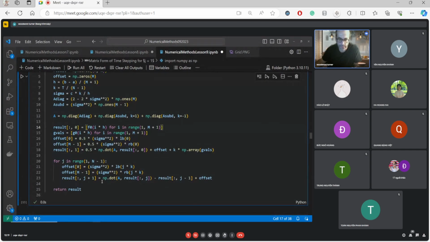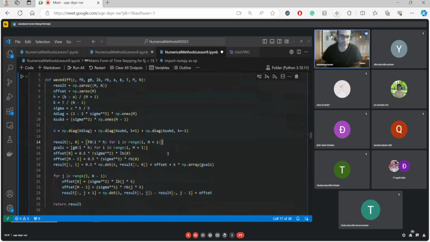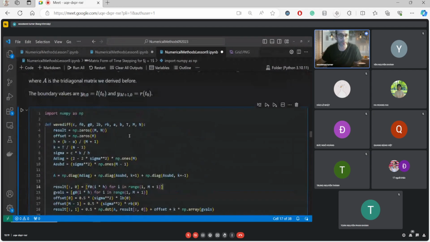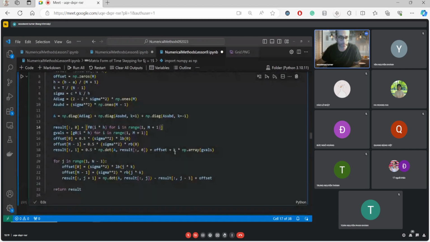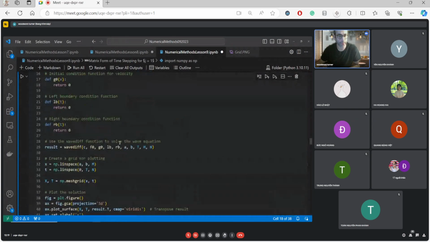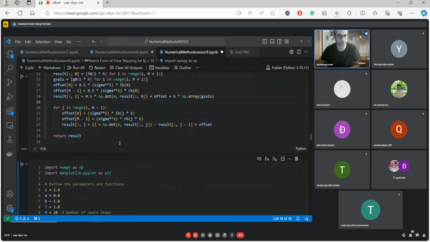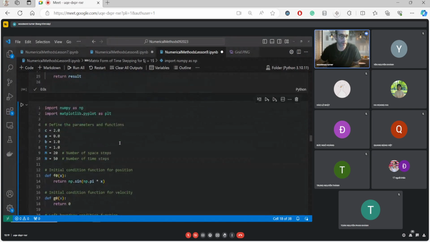All right, let's get back to where we were. That's why I have all of these values in this function. I have a C, that constant that I'm using.